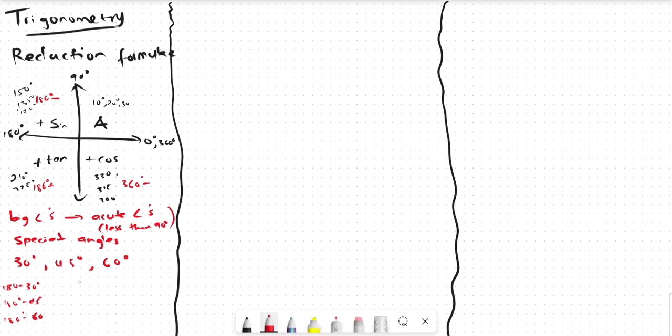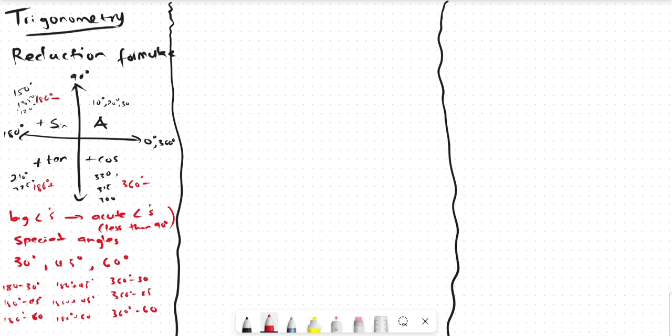If it's in quadrant 3, you're going to have 180 degrees plus 30, 180 degrees plus 45, 180 degrees plus 60. If it's in quadrant 4, we are going to have 360 degrees minus 30, 360 degrees minus 45, and 360 degrees minus 60. Now we will see where our angles fall.